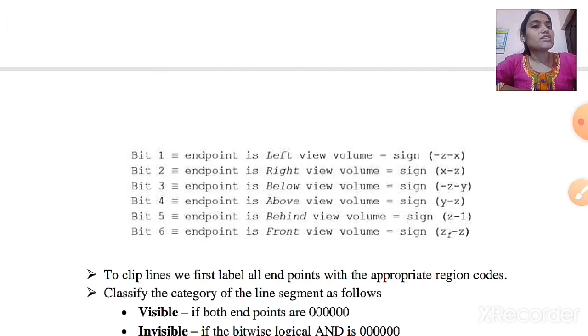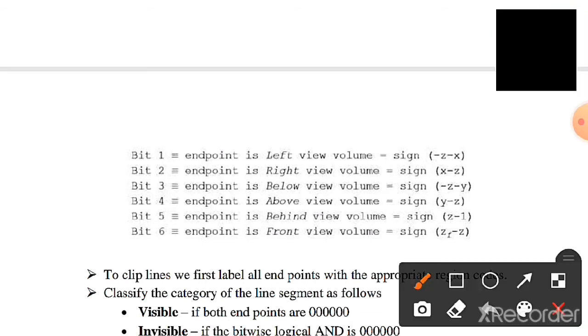Bit 4: the endpoint is above the view volume, the value is sign y minus z. Bit 5: the endpoint is behind the view volume, then the value is sign z minus 1. Bit 6: the endpoint is in front of the view volume, then the sign is zf minus z.